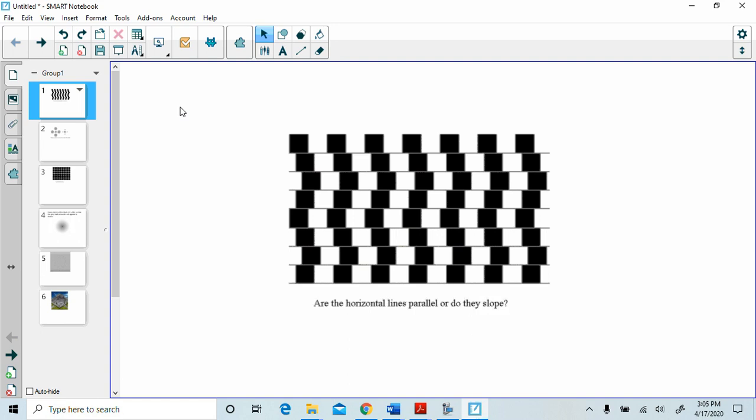When we're exploring the validity of conjectures and seeking counterexamples, in these examples we're going to be looking at visuals, some optical illusions. In this case, the question on the bottom is asking, are the horizontal lines parallel or do they slope?